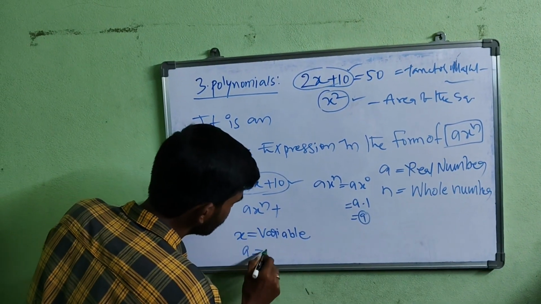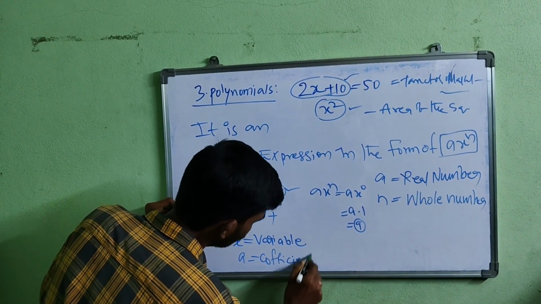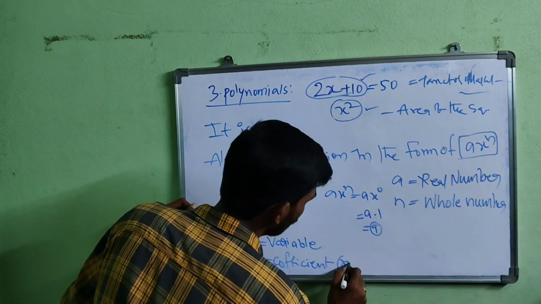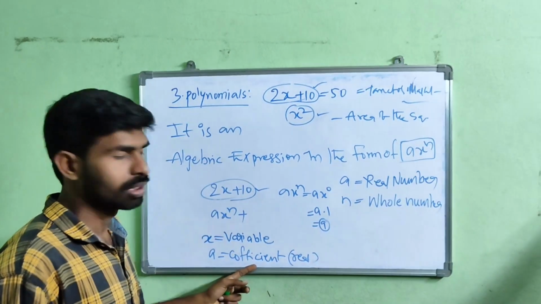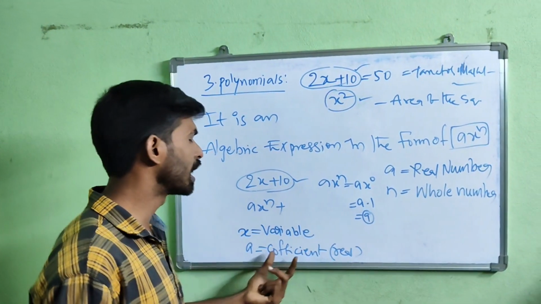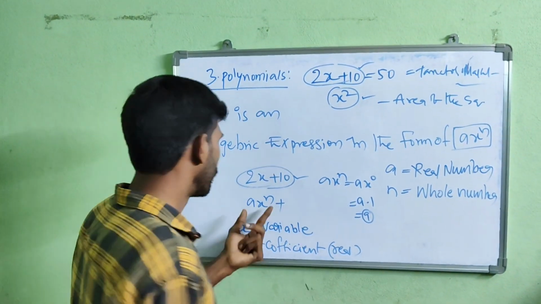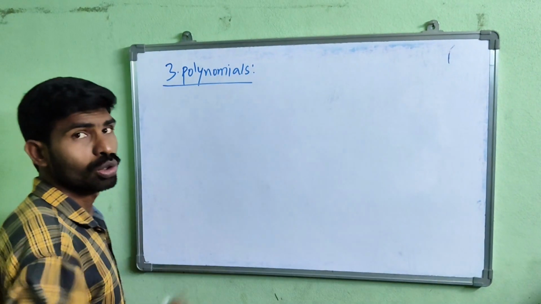Okay, a is the coefficient, a real coefficient, because this a is a real number, that's why we call it a real coefficient. Then n is the power value, that is a whole number. Okay, we know what a polynomial is.